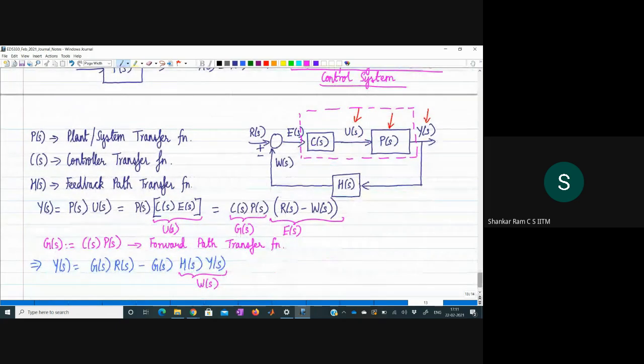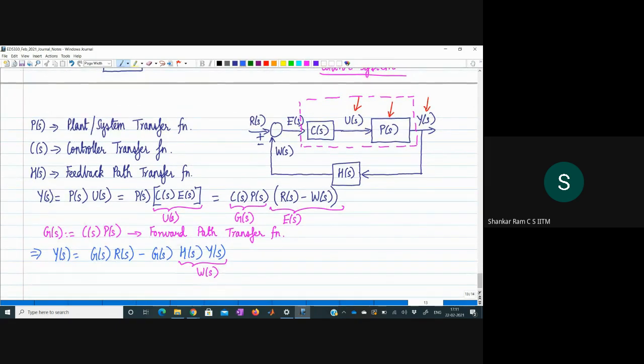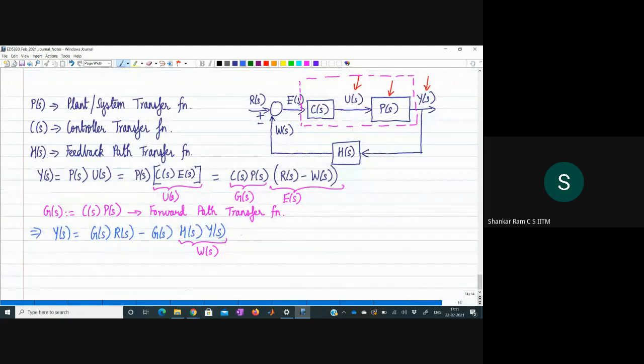Now we can immediately observe that we have Y of s on the left hand side and the right hand side. So I can combine the terms involving Y of s. This will give me 1 plus G of s times H of s, equal to G of s multiplied by R of s.